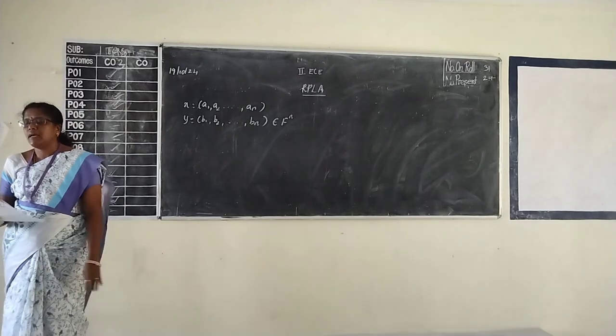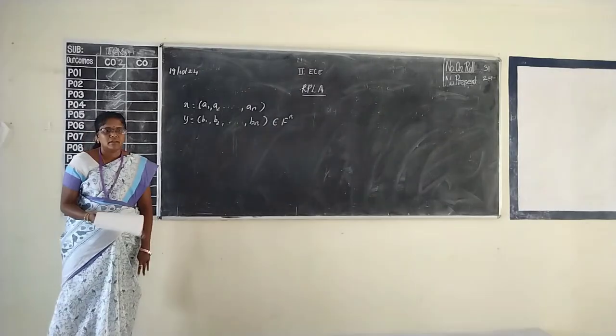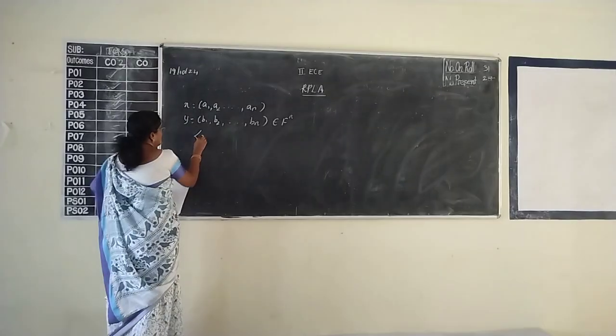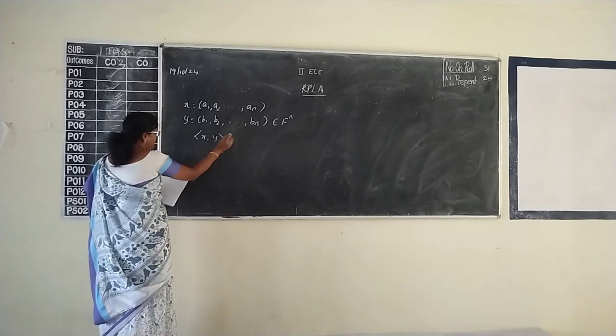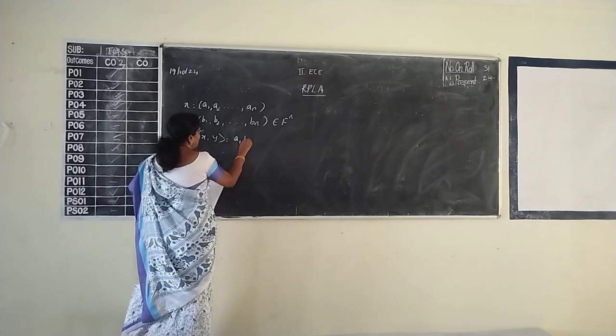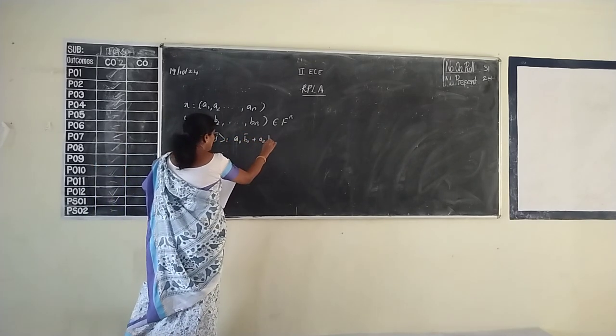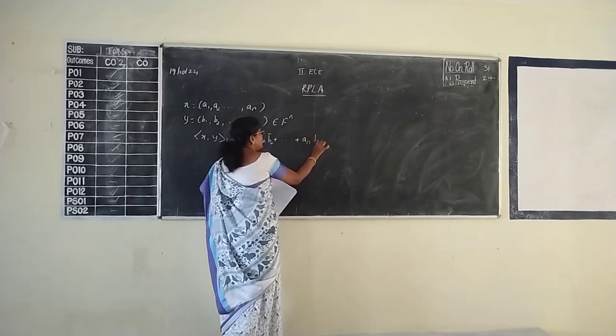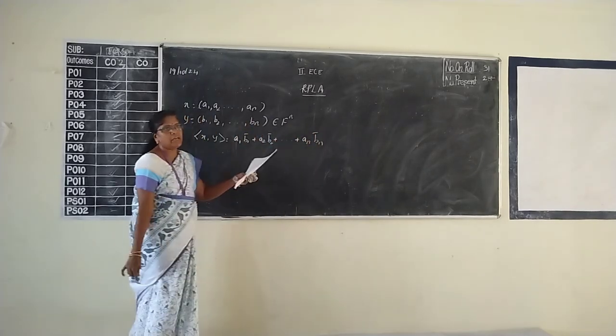Define the inner product x comma y equal to a1 b1 bar plus a2 b2 bar plus etc. an bn bar. We define like this.